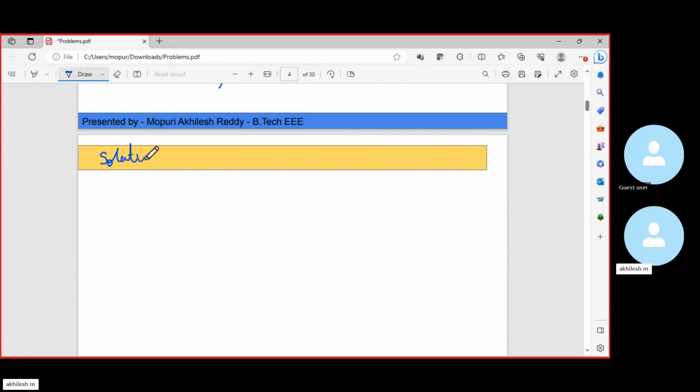First step is we need to do the per unit analysis for the given single line diagram. We need to find per unit values.